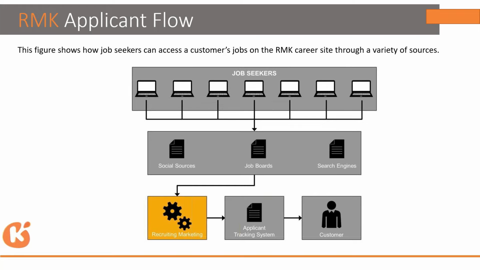Now, this particular diagram will show how job seekers can access the customer's jobs on the RMK site through a variety of sources. These are the job seekers, like all of us, and we have a target company, for example, Infosys. We can reach Infosys via social sources like LinkedIn, Monster, Twitter, Naukri, Facebook, etc. Job boards, eQuest is one of the job boards, and any other job boards promoted by RCM.